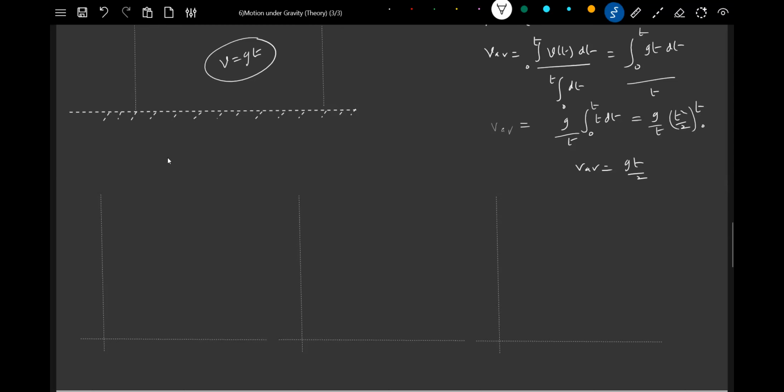Let's compare all the curves. What about the position versus time? So the height descended curve will be like this.